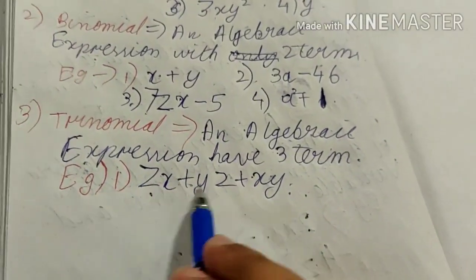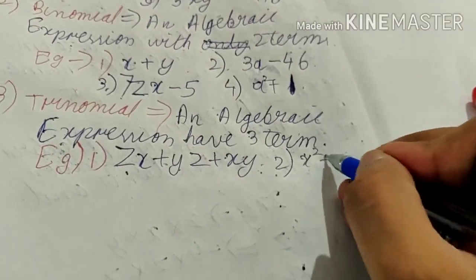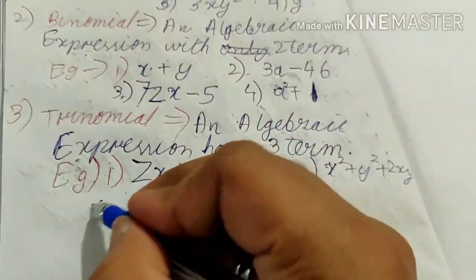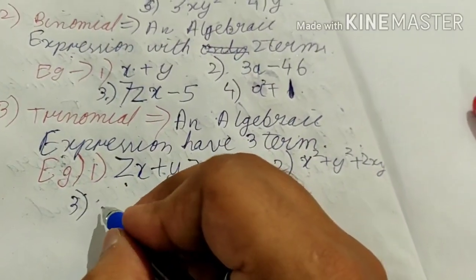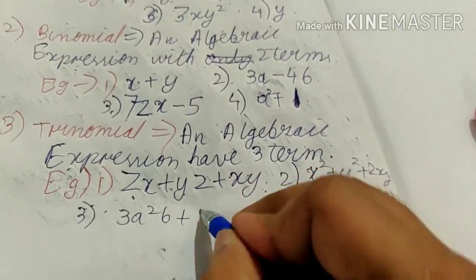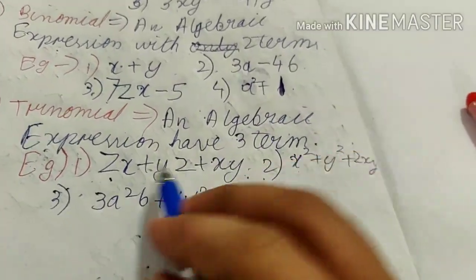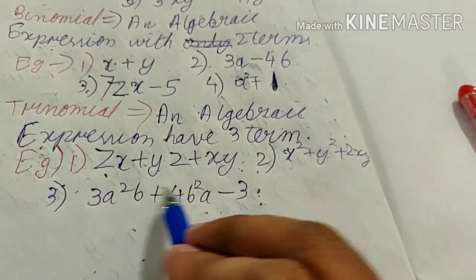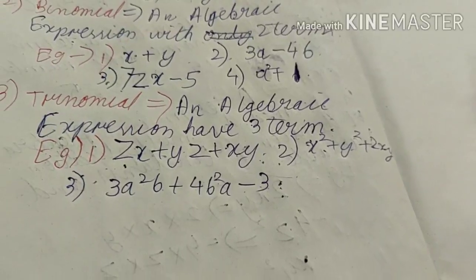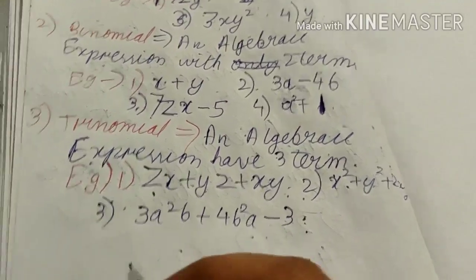There are three terms, first, second and third. Second example is x square plus y square plus 2xy. Okay, third example is, take it, 3a square b plus 4b square a minus 3. There are 1, 2, 3 terms, in addition or subtraction. This is trinomial.